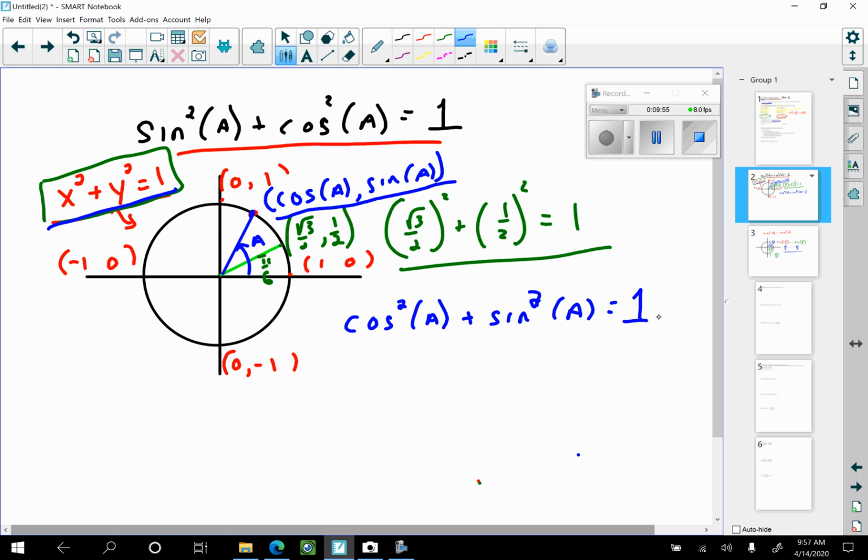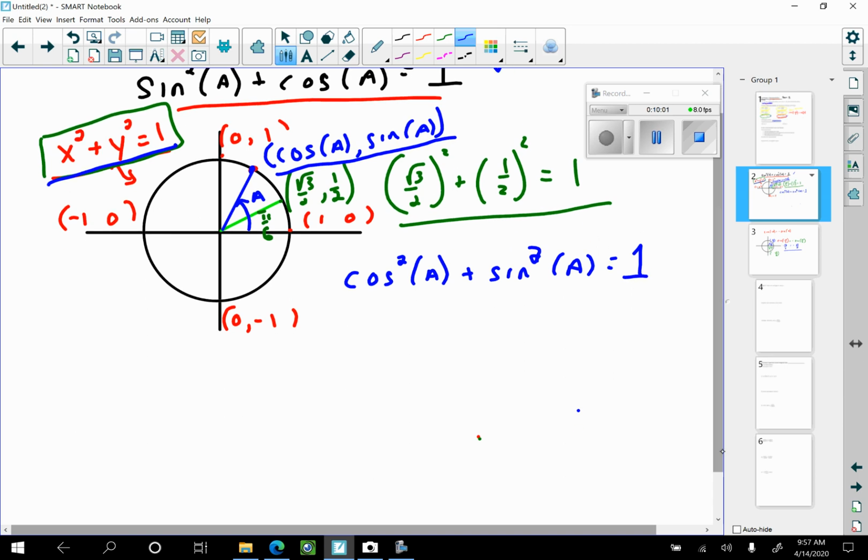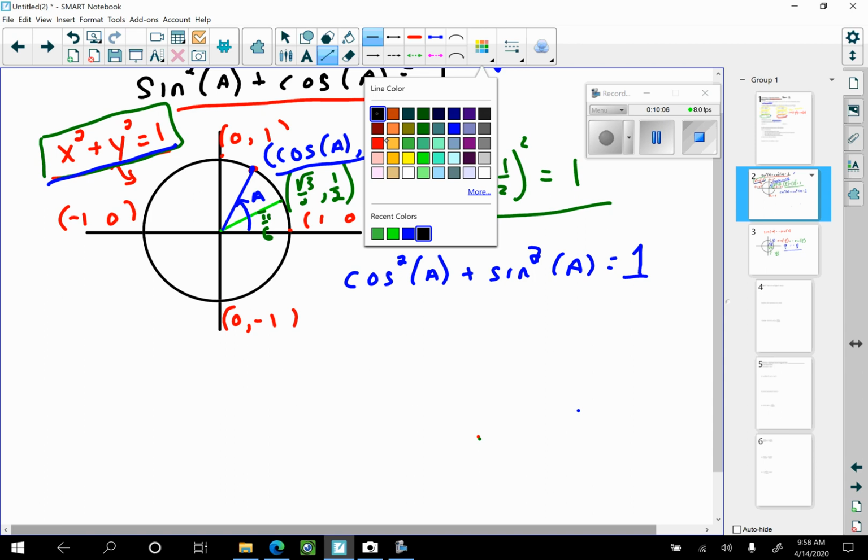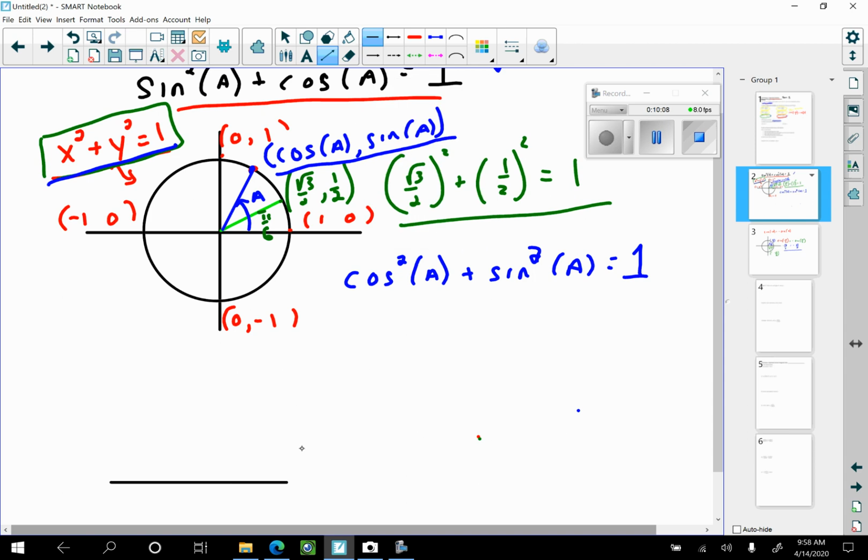The other way that you can verify this identity is if we go back to the very beginning of our study of trigonometry, and we just look at this guy right here, and you're going to now find out why they call it the Pythagorean identity. If I have a right triangle here, and this angle is A, and this hypotenuse is 1, what do I know?